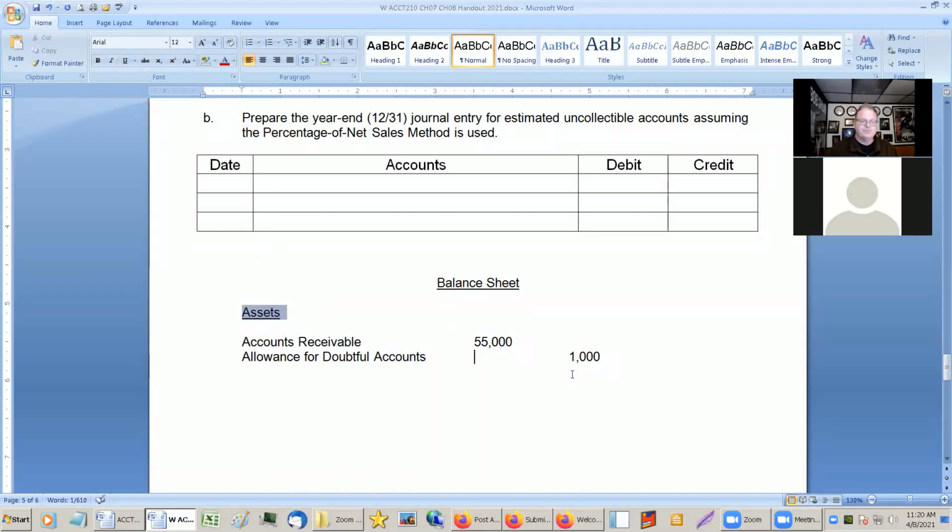It would look like this. What's going on here? And this would be what they call the net accounts receivable.